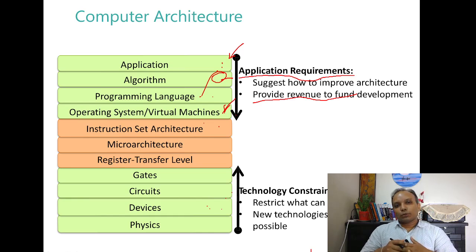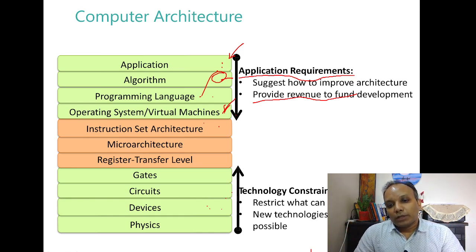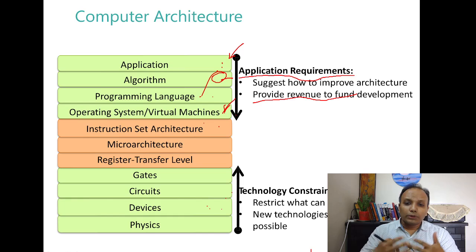For example, you can build transistors which have a channel length of 3 nanometer or even lower, but then there are physical constraints which will possibly not allow the transistors to be shrunk further. So the technology will put constraints.